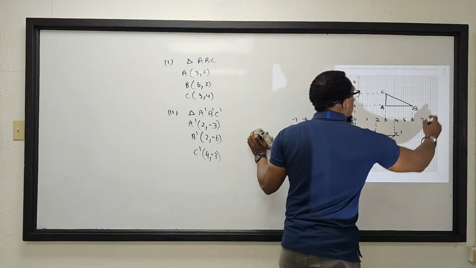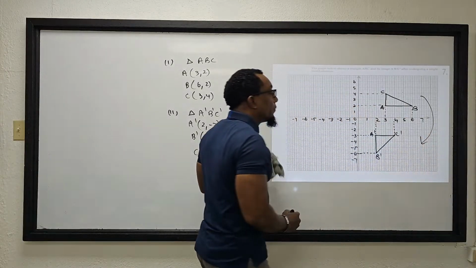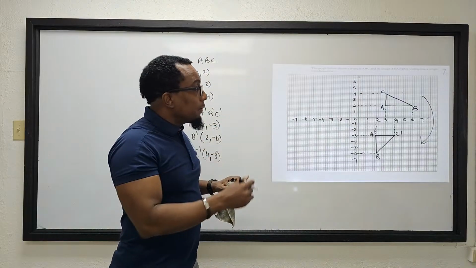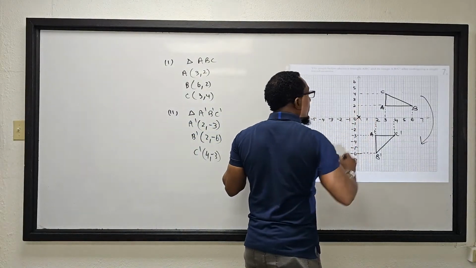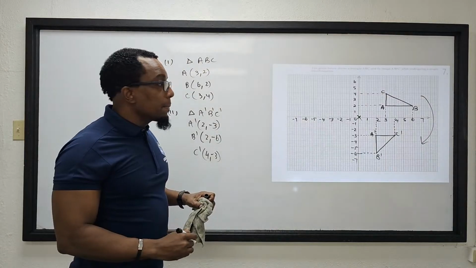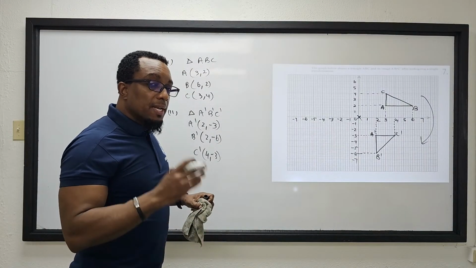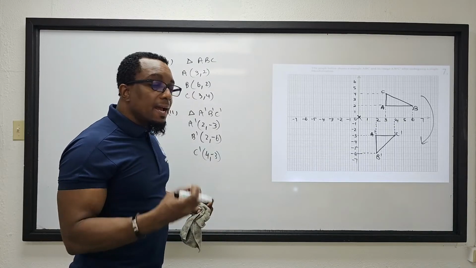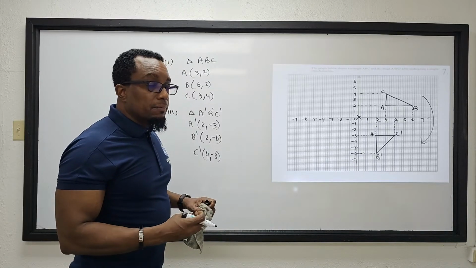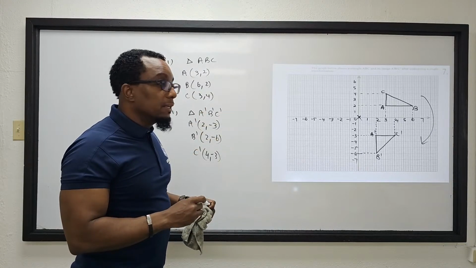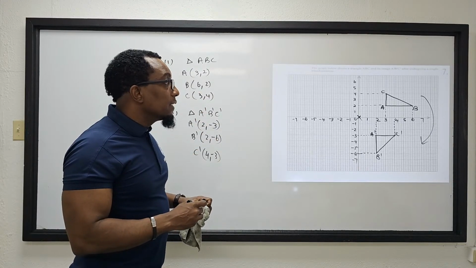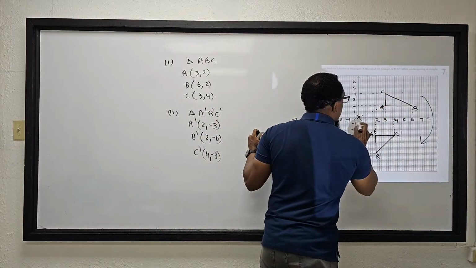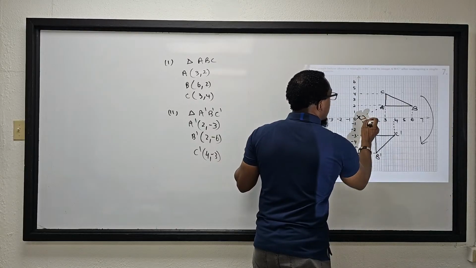So this is a rotation in a clockwise direction, about a center of rotation, the origin. When you're rotating, you have to state the center, the angle, and the direction of the rotation. So the direction is clockwise, the center of rotation is the origin, and the angle of rotation is 90 degrees.